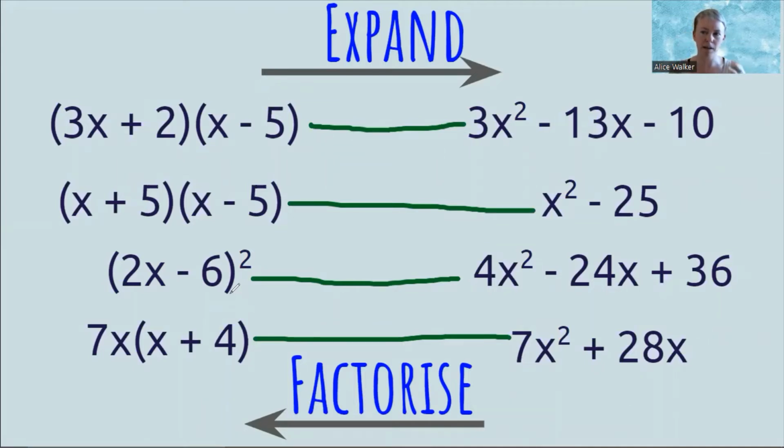So 2x minus 6 times another 2x minus 6. And in the final example, I've times everything inside the bracket by 7 x's. And as you can see, we haven't got the c number there. You may also notice this one hasn't got the b number. That's something called difference of 2 squares, which we will see in a future video.